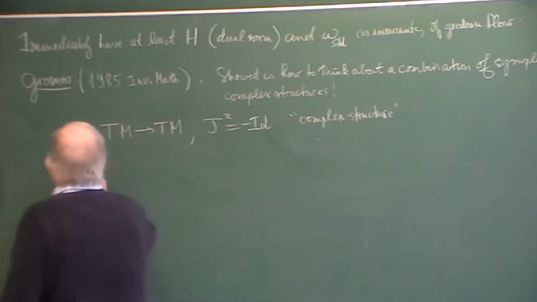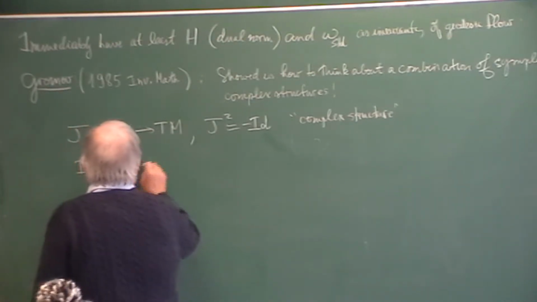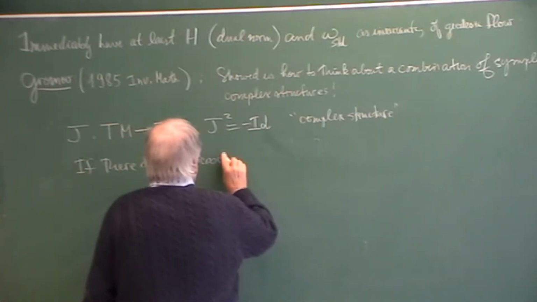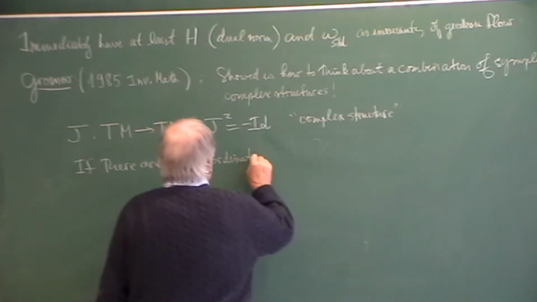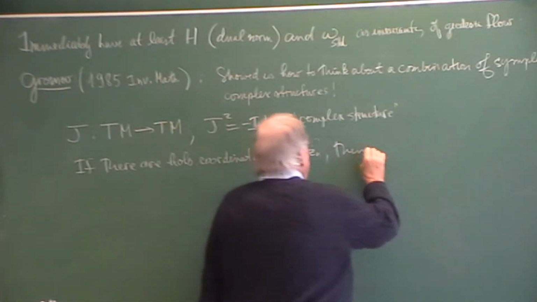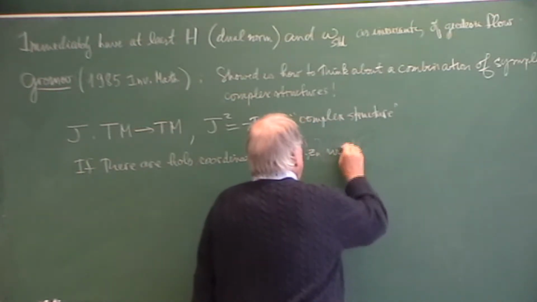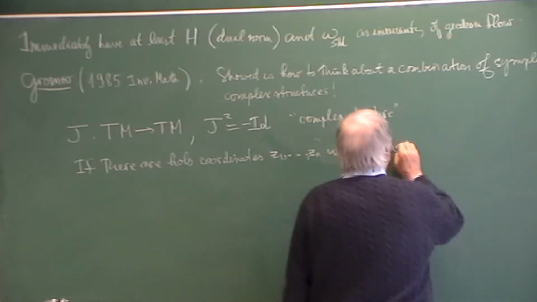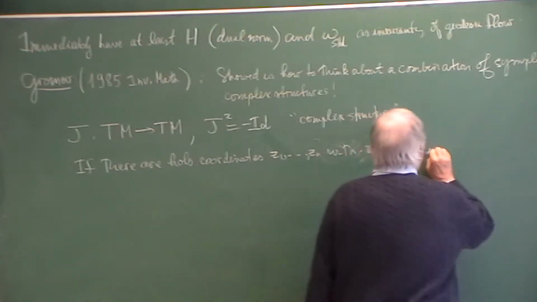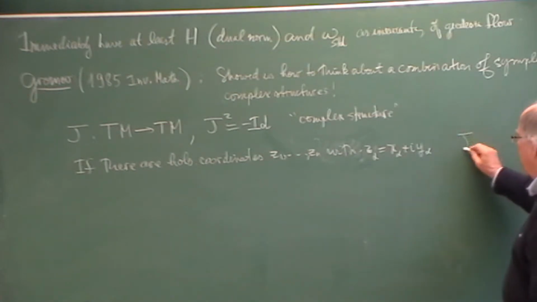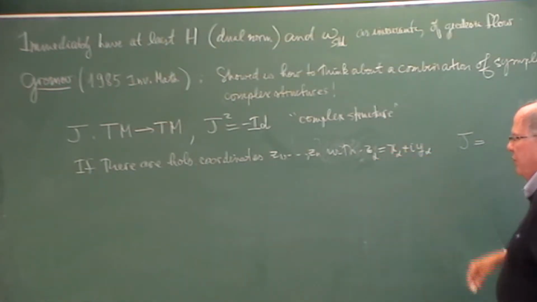So if you have holomorphic coordinates z_1 through z_n, with z_alpha equals x_alpha plus i times y_alpha, then you can define J, and it is well defined because the coordinate change of variables is holomorphic.